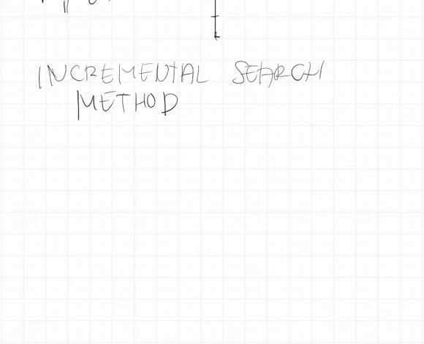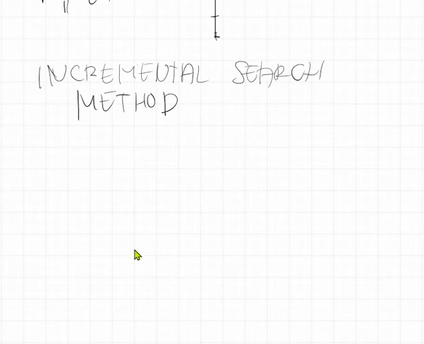That's why it's called incremental search, until the product of the f of x originally and the new one becomes negative. Then that interval is where the root is lying, or we can find the root within that interval.